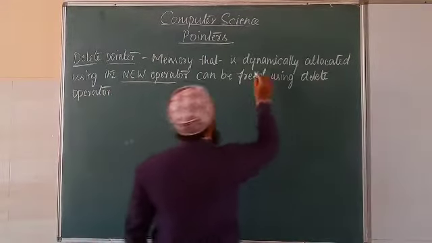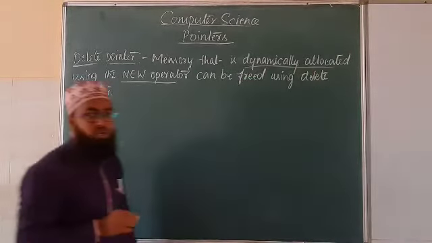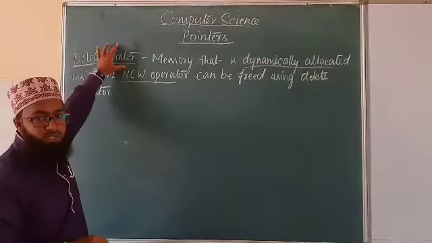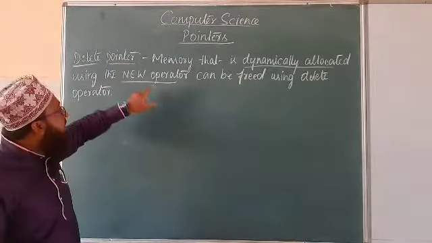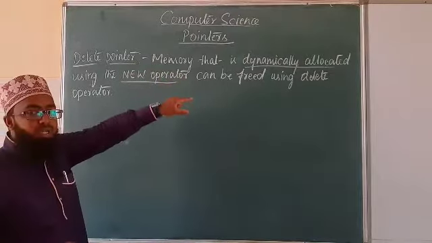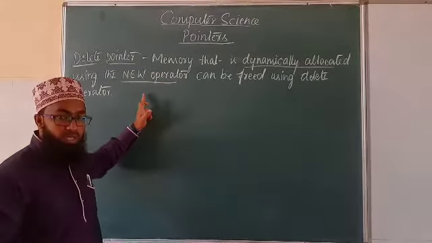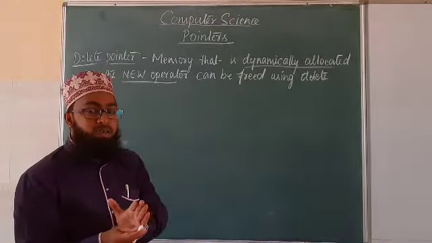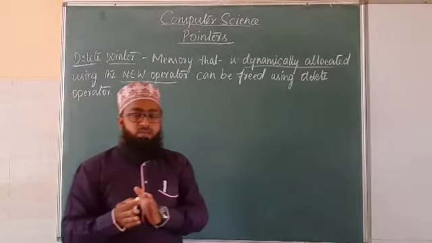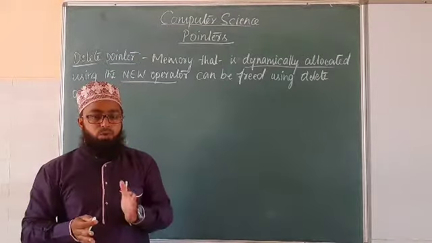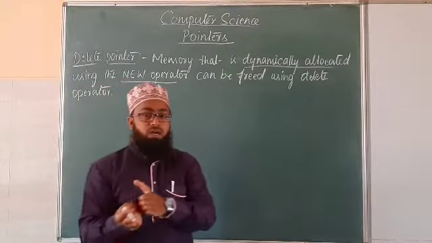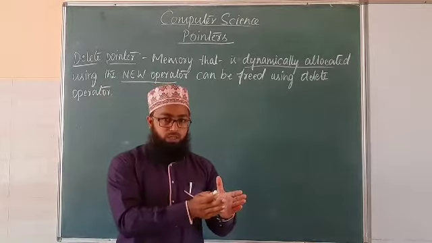In our previous class, we discussed the new and delete operators. So here, how will the delete pointer work? The memory which is allocated dynamically by using the new operator can be freed. It means the variables stored in the memory by the new operator are removed from the memory.